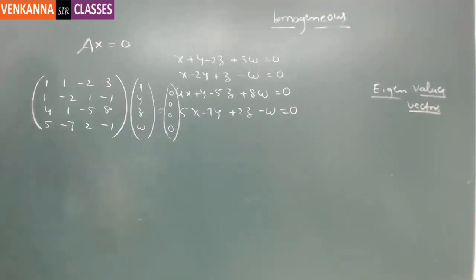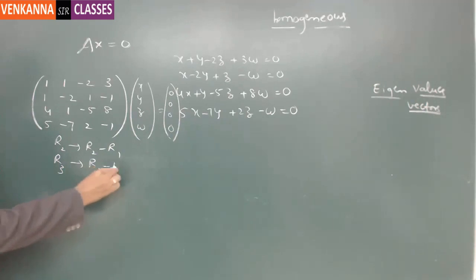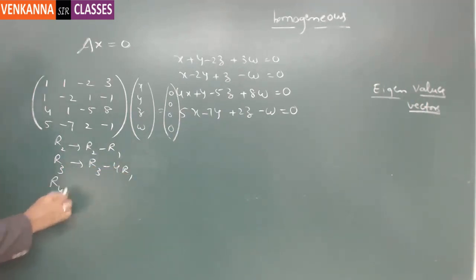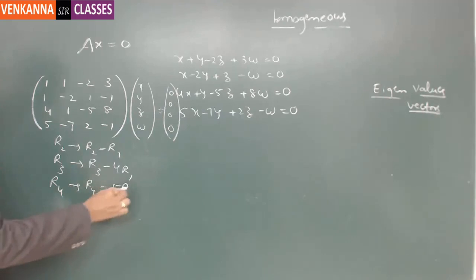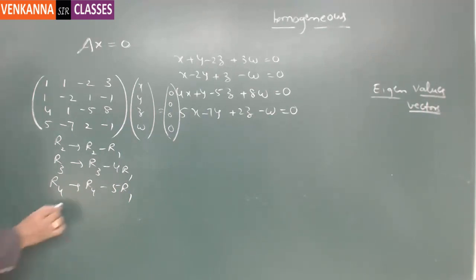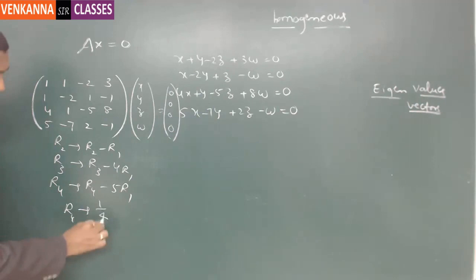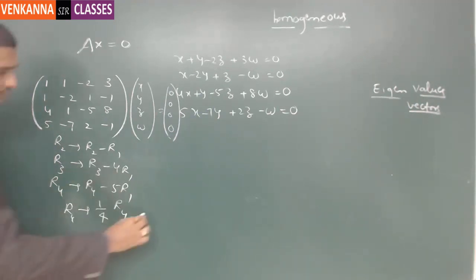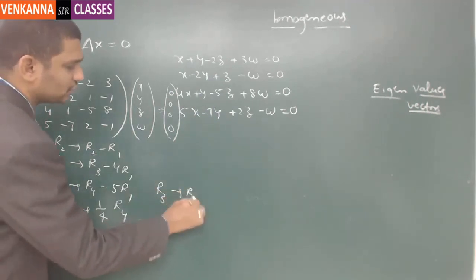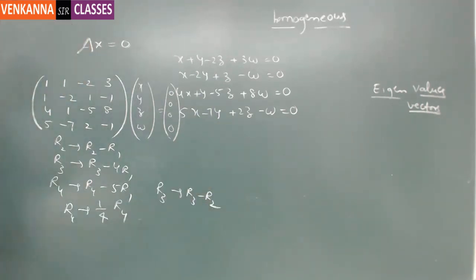Fine. So we do the operations R2 goes to R2 minus R1, R3 goes to R3 minus 4R1, R4 goes to R4 minus 5R1. Then one more step, R4 goes to 1/4 R4. Later we perform R3 goes to R3 minus R2, and then R4 goes to R4 minus R2.